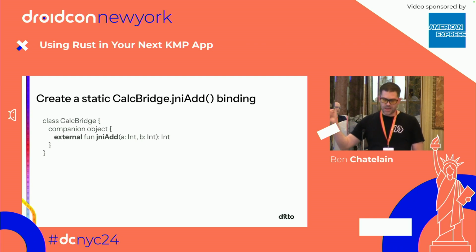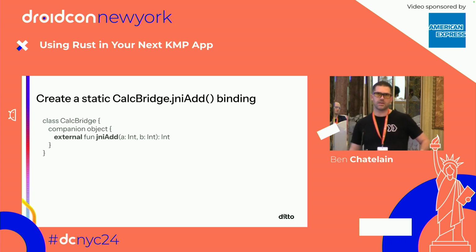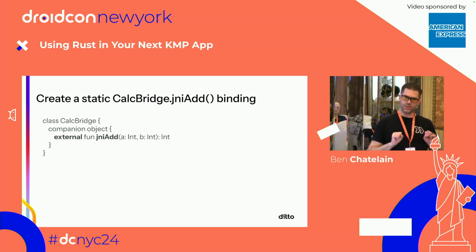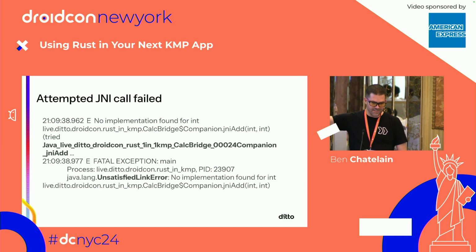So when you build this, by the way, this is a trick for JNI development, because the function name over on the native side is huge and ugly. The easiest way to figure out what that's going to be is just build and look at the error. So what happens when you build this? You have an external function with no corresponding function.